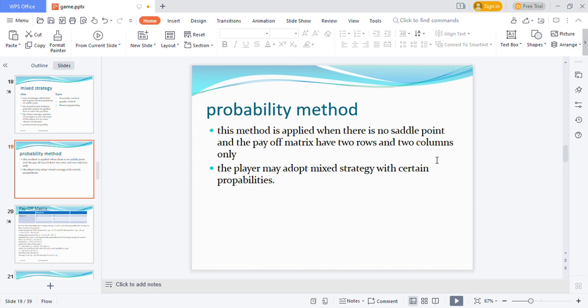Number two, keep it at your fingertips, there are only two rows and two columns. The player may adopt mixed strategy with certain probability, so the adoption of this strategy is because of the use of probability.